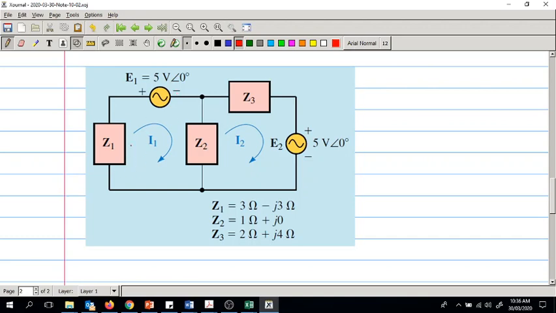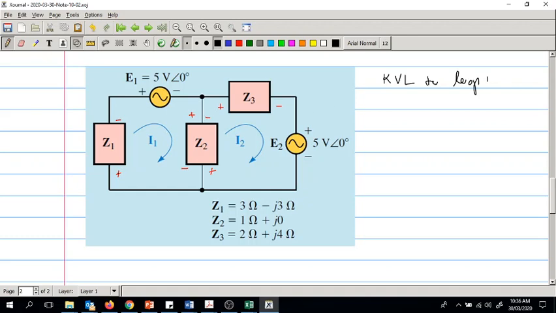So let's mark the voltage drops. I'm going along this current, plus minus, plus minus, plus minus, plus minus. Now let's apply KVL to loop 1.